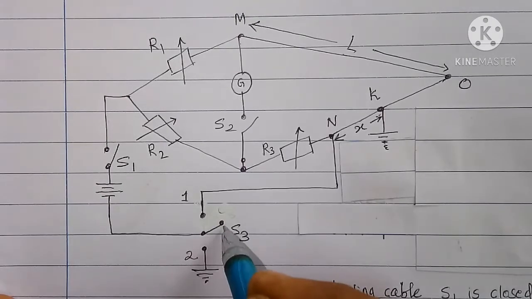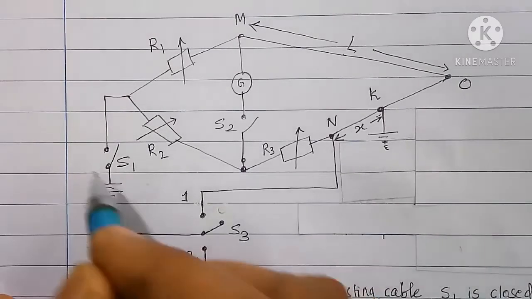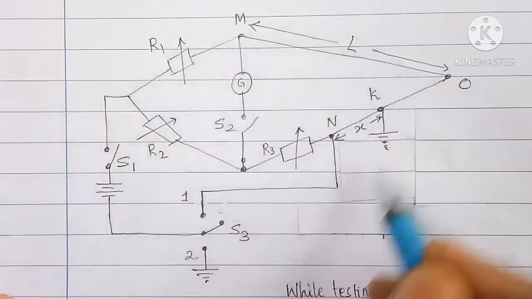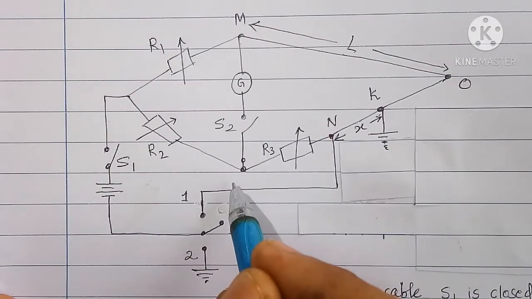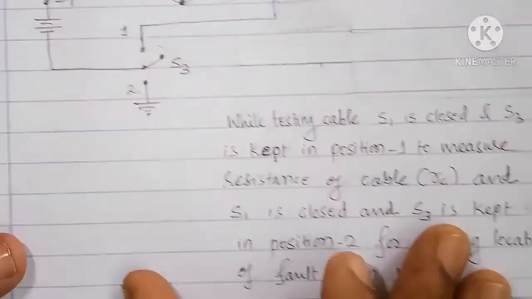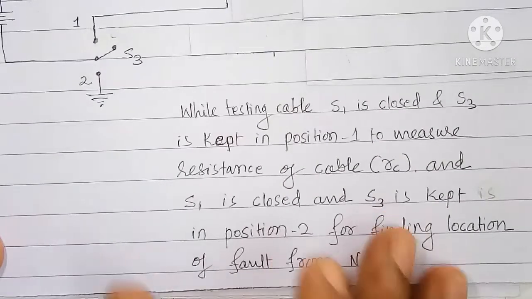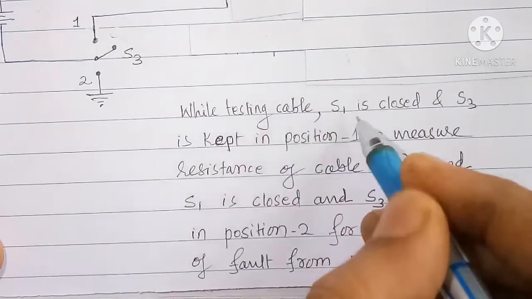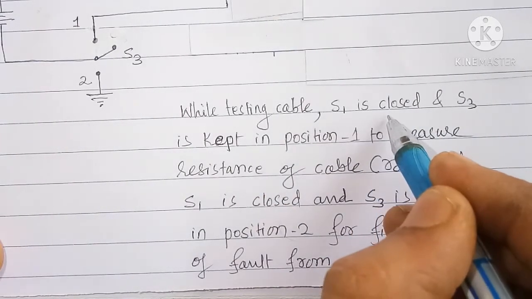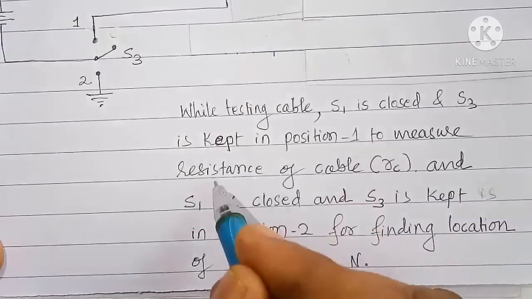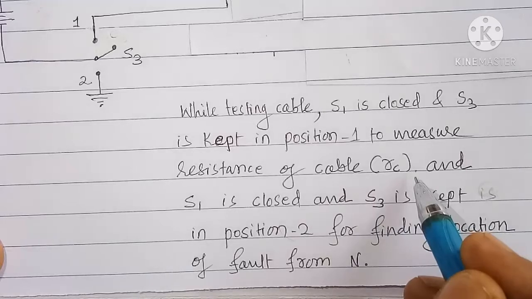Now if I throw the switch S3 to position 1, close S1, then I can make use of this bridge to measure the resistance of cable, that is RC. While testing cable, S1 is closed and S3 is kept in position 1 to measure resistance of cable RC.